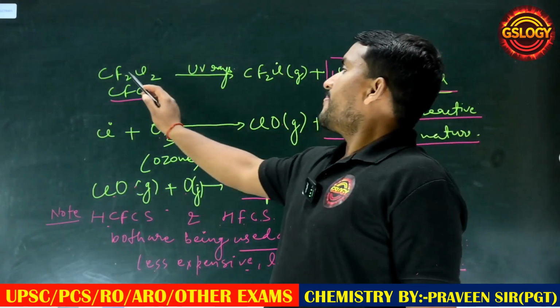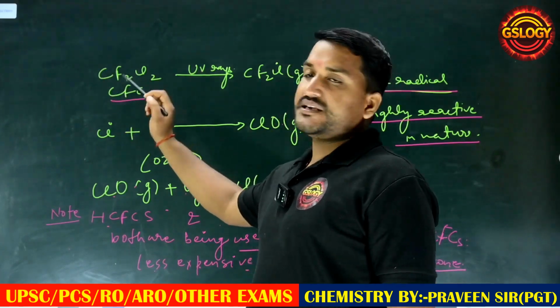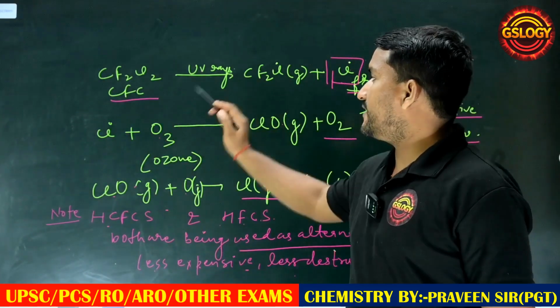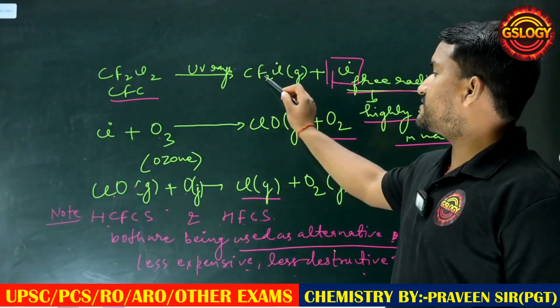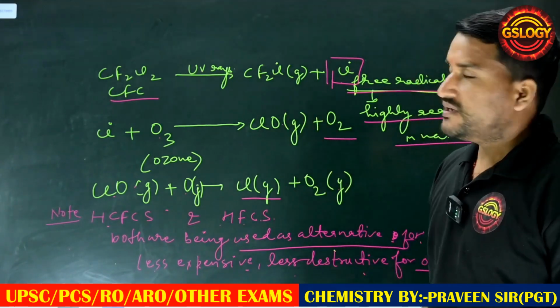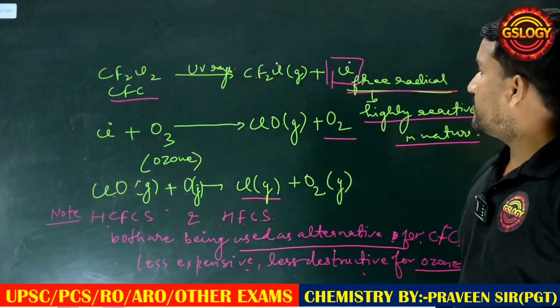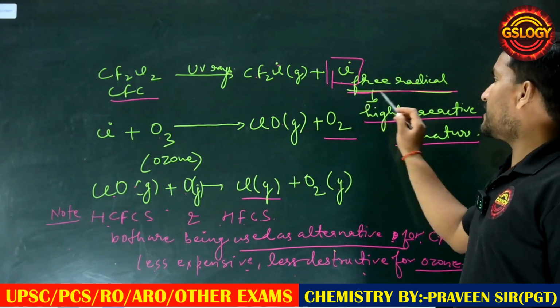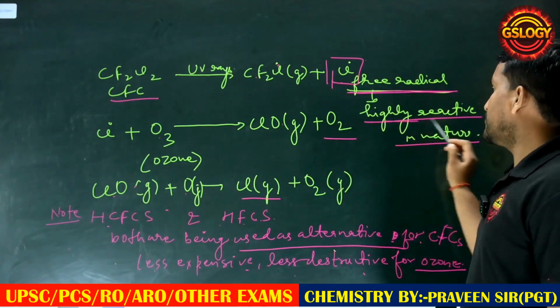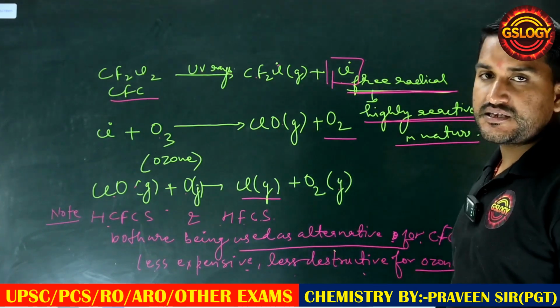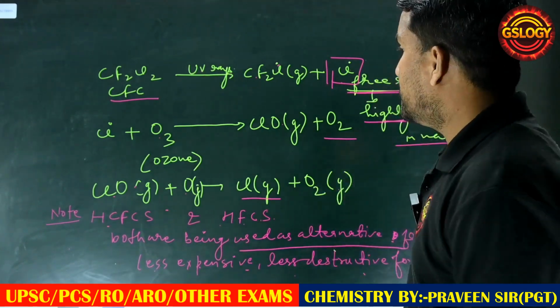Next, when the CFC comes in contact with UV rays, it will dissociate into the radicals, CF2Cl radical and Cl radical. The Cl radical is a free radical, and you know very well a free radical is highly reactive in nature.